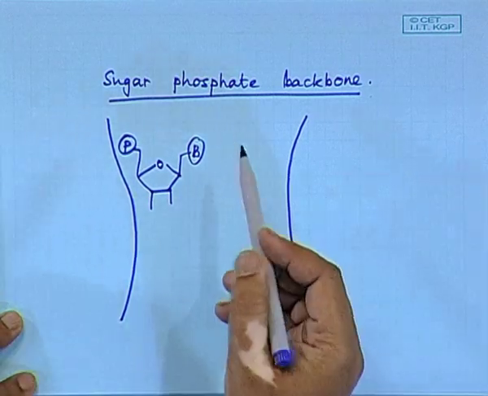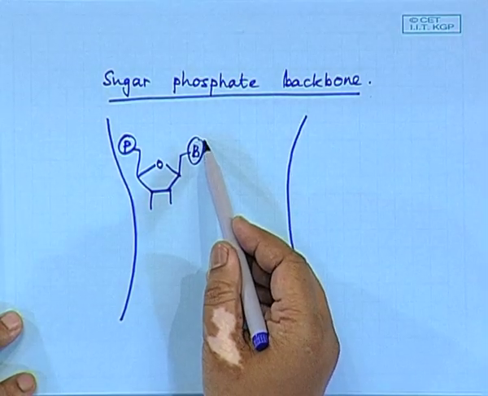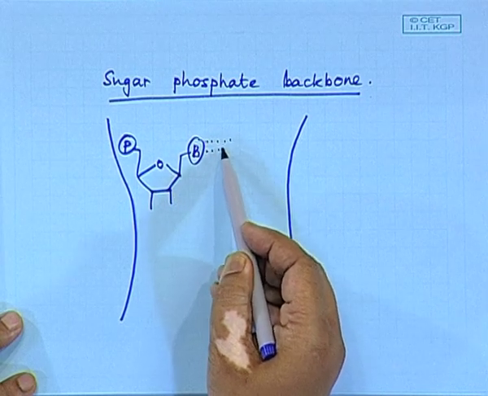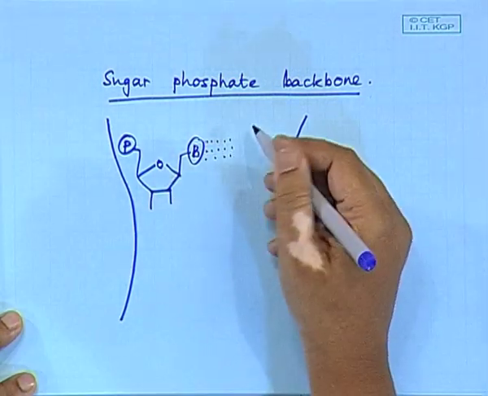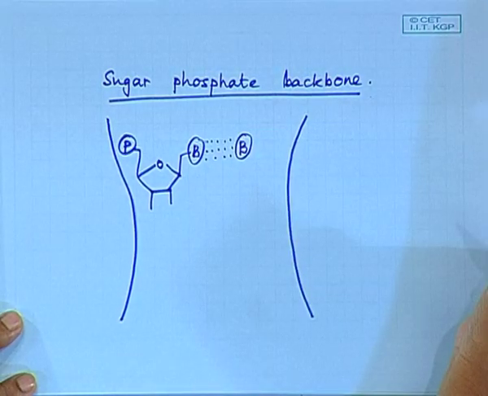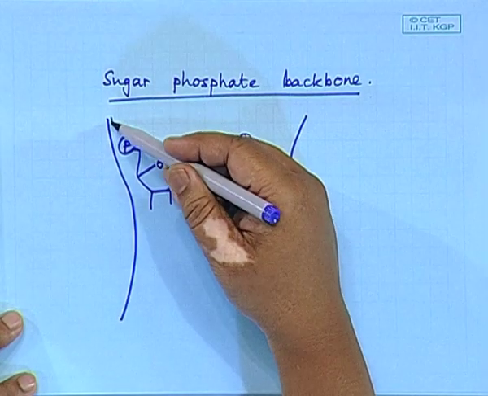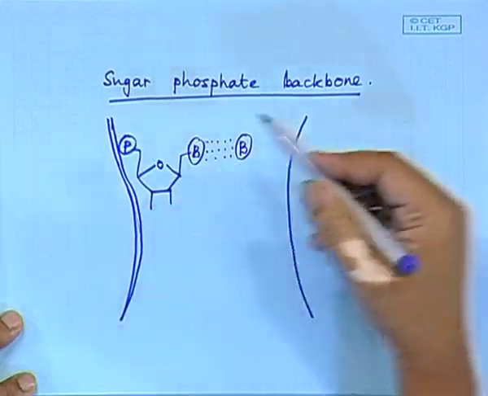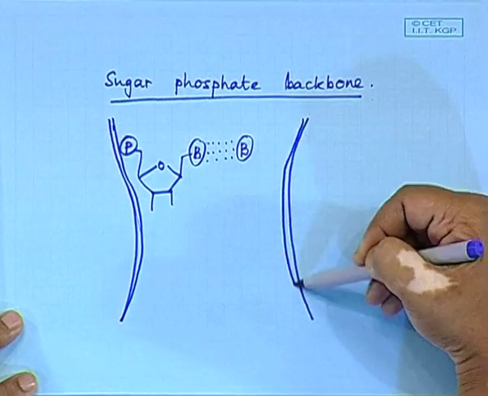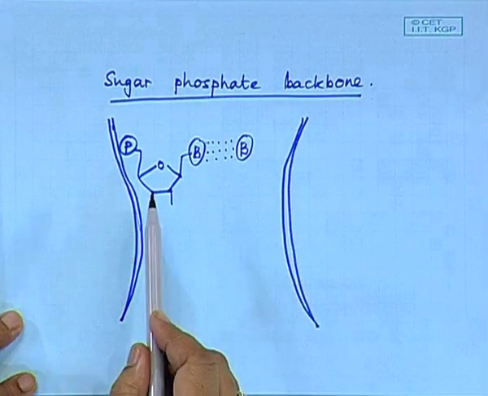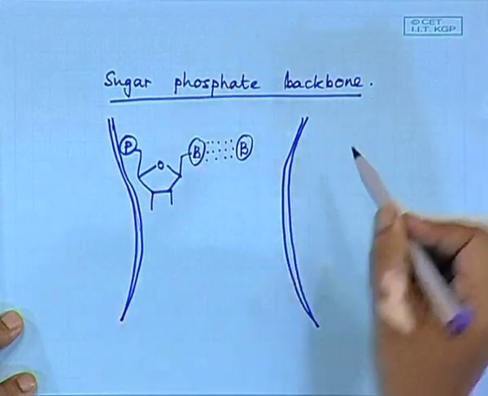In base pairing, what you have is specific hydrogen bond interactions between bases, between the two strands. So, what is this strand made of? This is just the sugar phosphate backbone, and we have basically the bases sticking out.